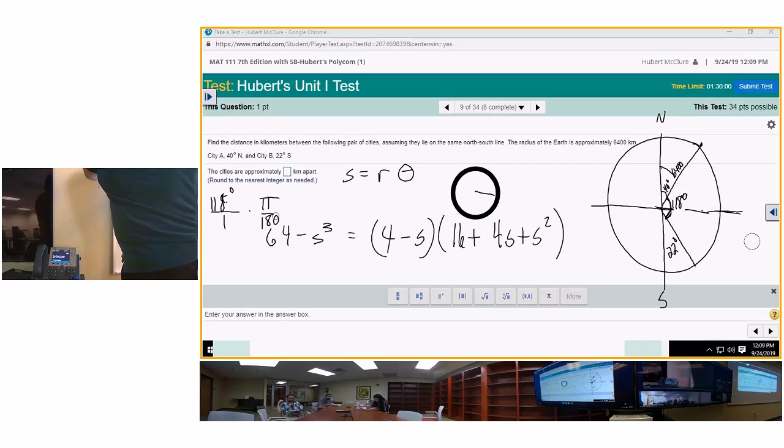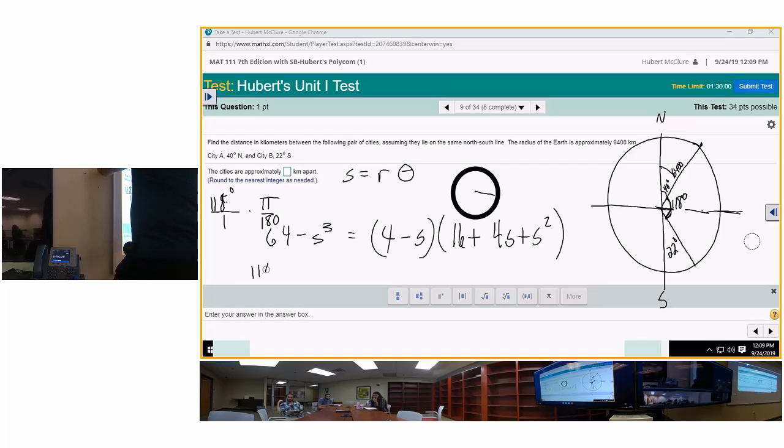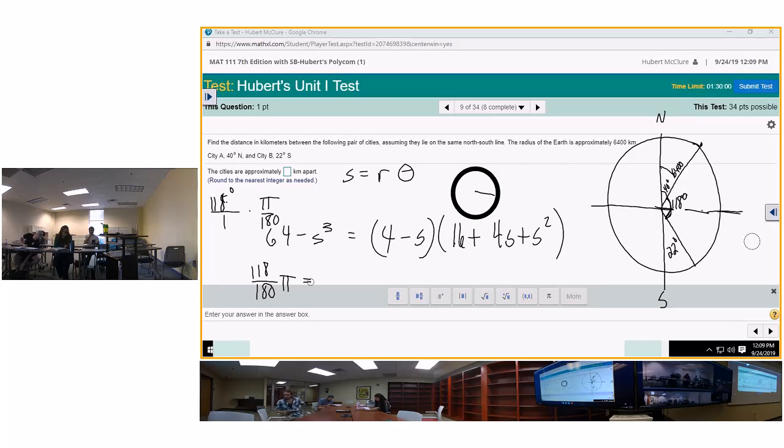So take 118, divide by 180, times pi. What do you get? Somebody just do everything, 118 divided by 180 and multiply. Give me 4 decimal points, please.